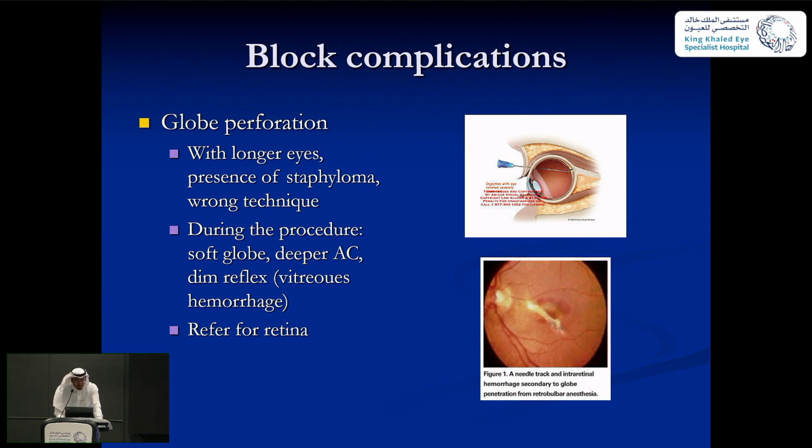And we have to refer to retina before or after, depending on when we discover this. If during the procedure, we tend to continue the procedure, and then we have to refer to retina to take over to do vitrectomy and tamponading of the retina.